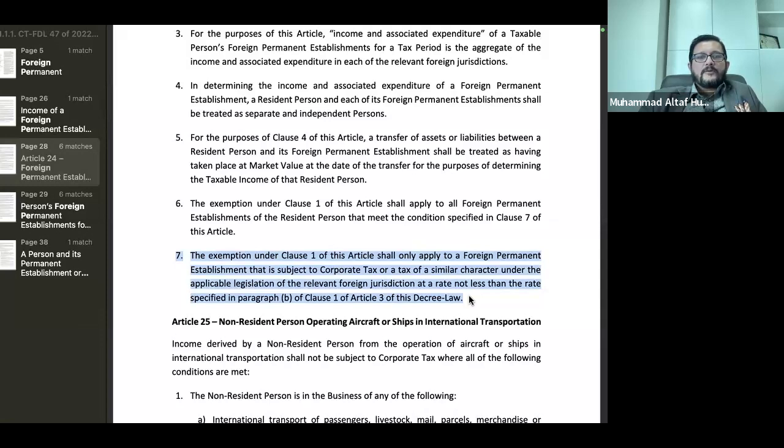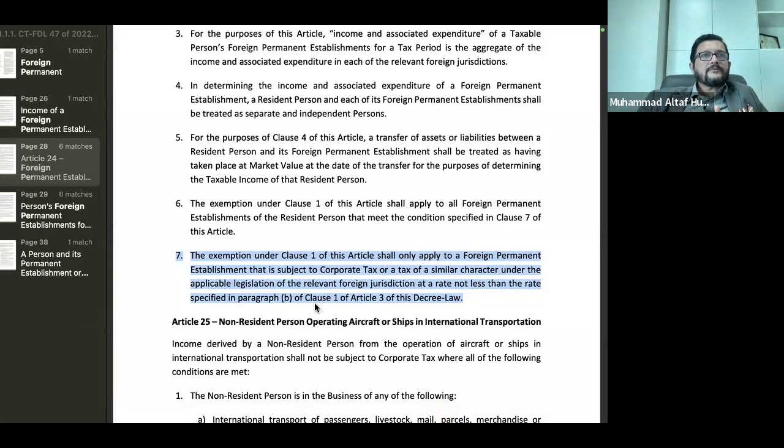What does it say? The exemption under clause 1 shall not apply to a foreign permanent establishment that is subject to corporate tax or a tax of similar character under the applicable legislation of the relevant foreign jurisdiction at a rate not less than the rate specified in UAE corporate tax, Article 3. So if the tax rate is less, that means it is already enjoying a benefit there.